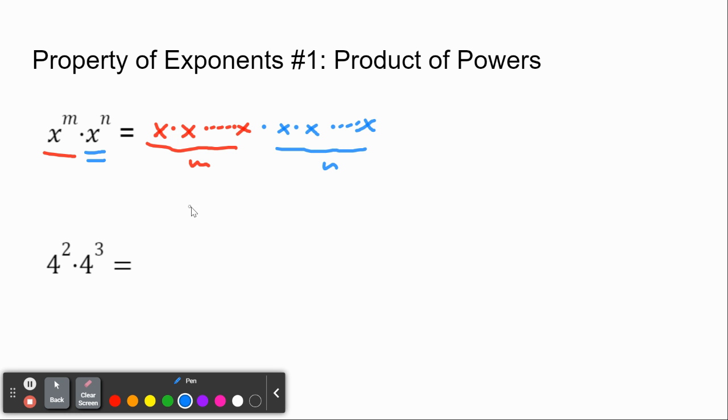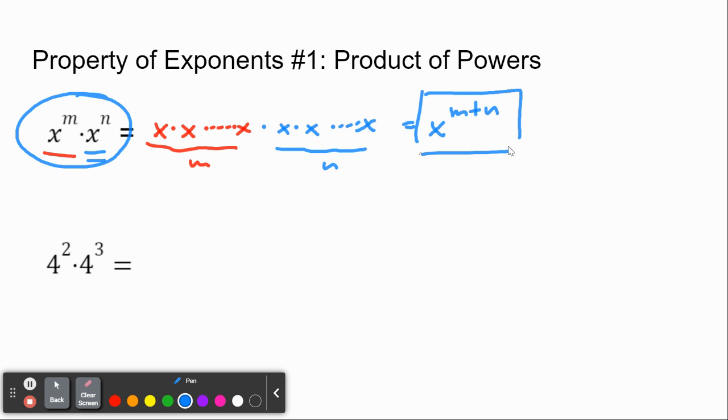So you have m x's being multiplied, you have n x's being multiplied. What you have in the end is x to the, and you have m plus n x's. This is what this rule means. If you have two bases that are the same with their exponents being multiplied together, you add their exponents.